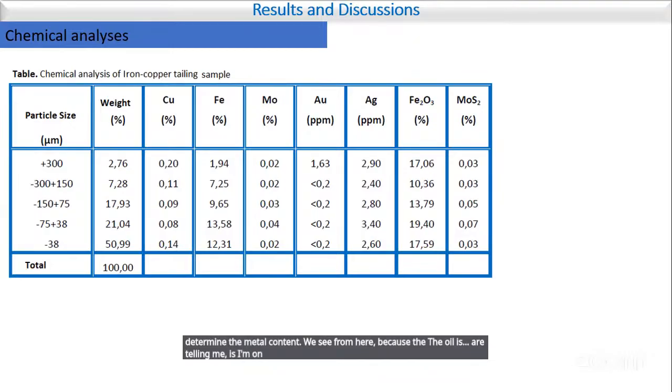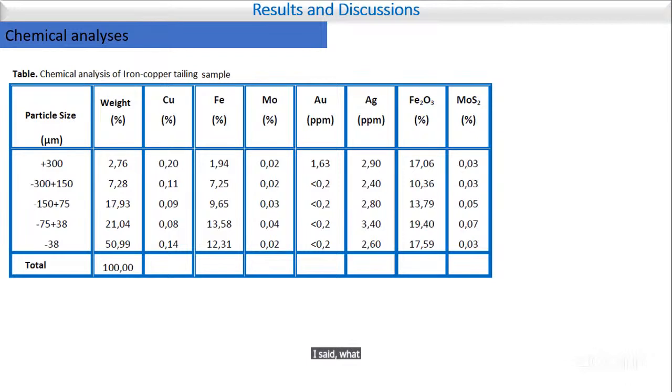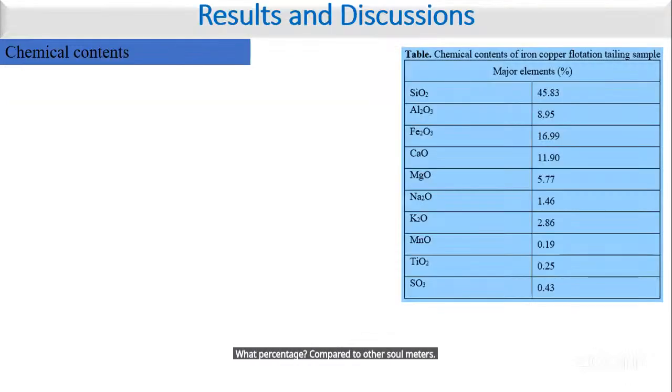Iron has a higher percentage compared to other metals. So here is our chemical analysis, to determine the chemical composition of our samples.